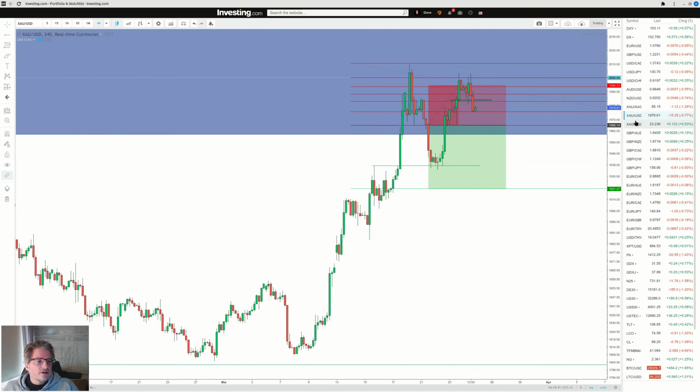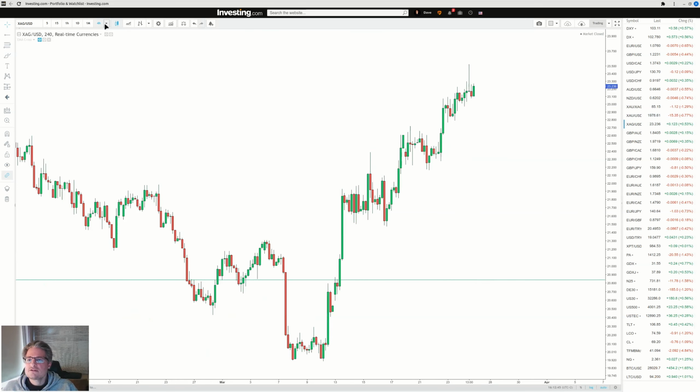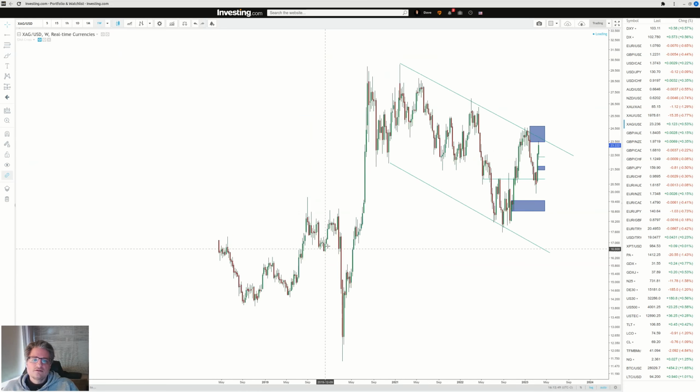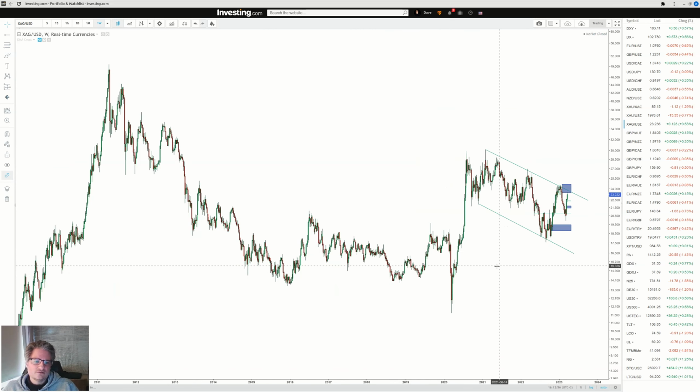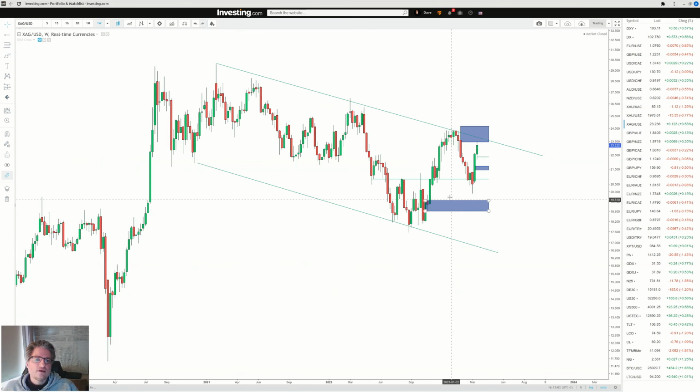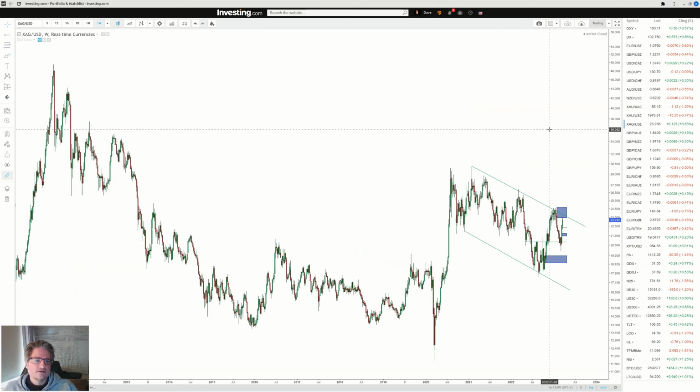Let's have a quick look at silver. That's an interesting market as well. Let's first go to the weekly. So here we have this corrective structure looking at the longer term. So we have this impulse to the upside, and now we're correcting, and usually this means that if we're correcting here, then we could see a move higher that is similar to this impulsive move.